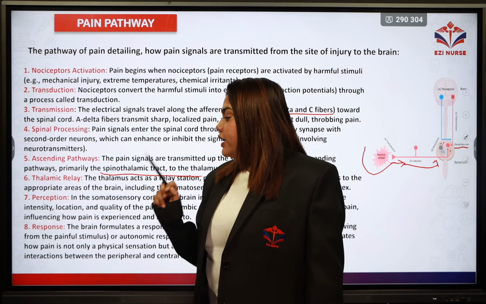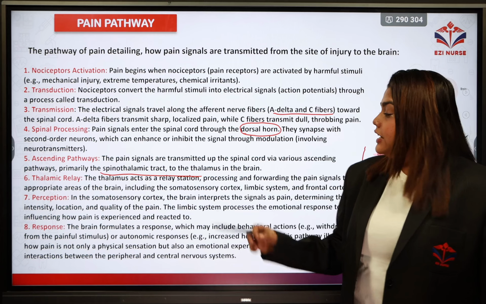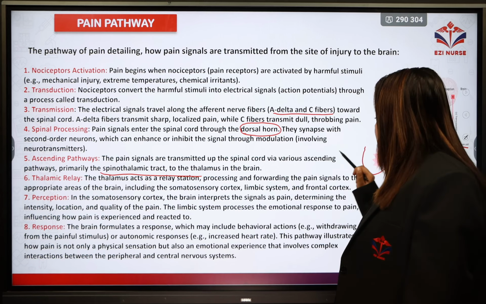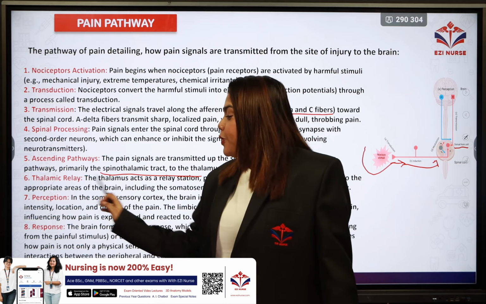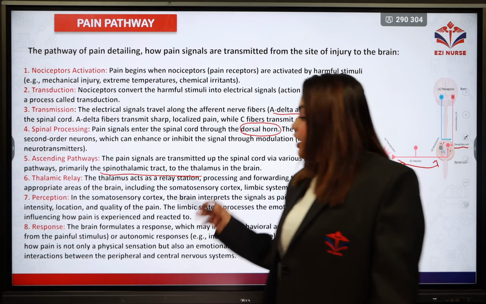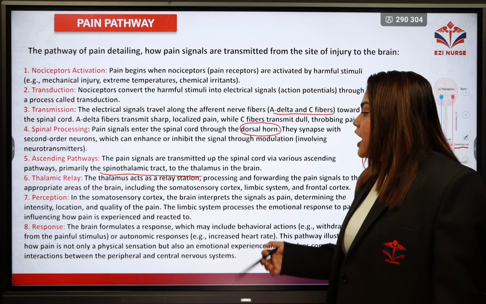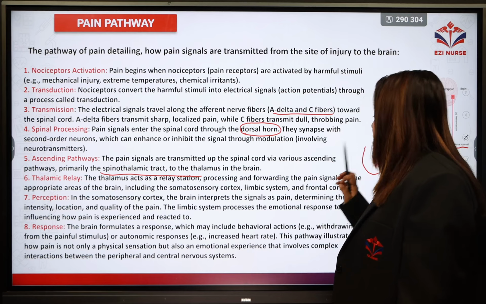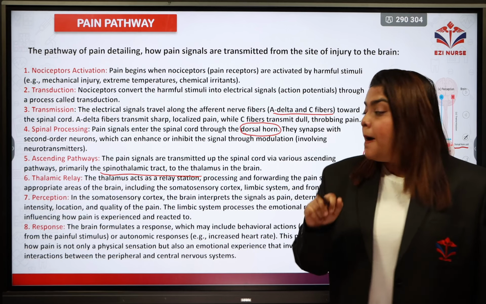In the thalamic relay, the thalamus acts as a relay station, processing and forwarding the pain signals to the appropriate areas in the brain, including the somatosensory cortex, limbic system and frontal cortex.